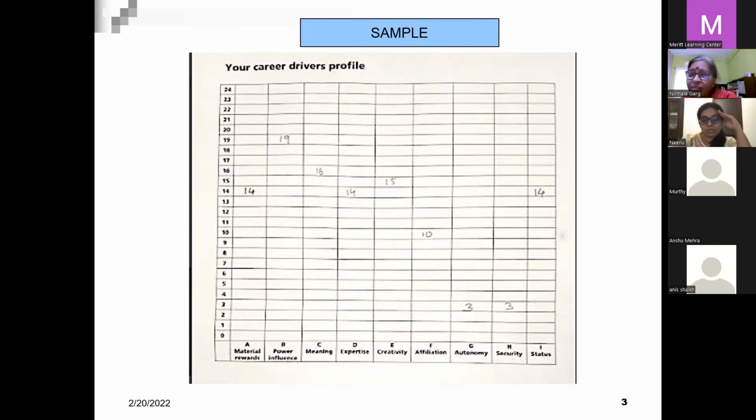And let me tell you, it doesn't change immediately. If you do it again tomorrow, it will be almost the same. Maybe after 3 months, 6 months, if something changes in your life cycle, then these career driver scores will change. Okay, shall we move on? Just give me a thumbs up.